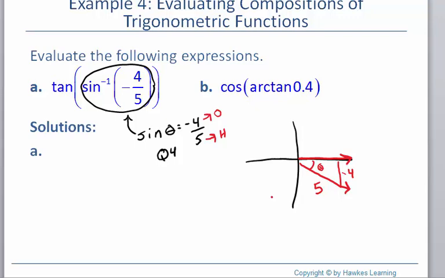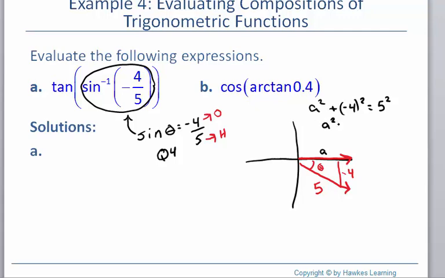Now, in order to find the missing side, we can use the Pythagorean theorem. Let's call this side A. So I'm going to have A squared plus my other leg squared, which would be negative 4 squared, is equal to the hypotenuse, which is 5 squared.